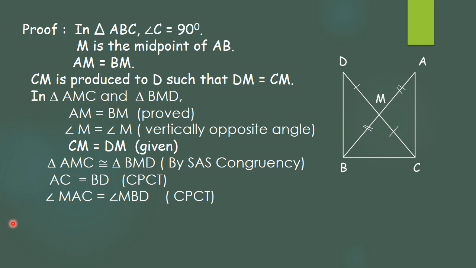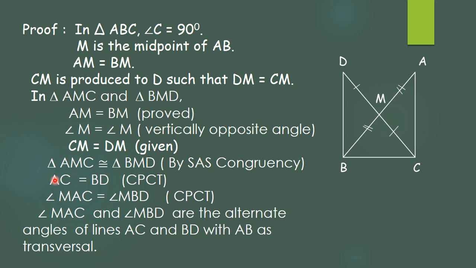Another part we get by CPCT is that angle MAC will be equal to angle MBD. That is this angle where I have kept the pointer. So these two angles are equal. These two angles are alternate angles. See, we get a Z formation formed by these two angles.